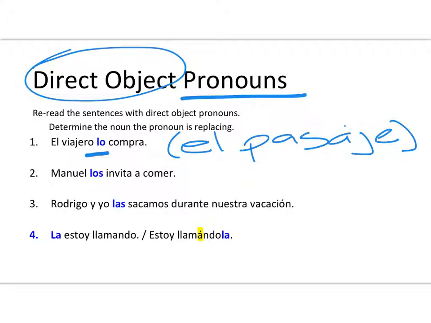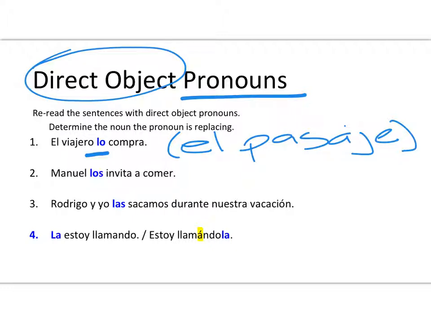Number 1, el pasaje a Peru. And indicate lo, and you can even squeeze it in there, lo. I should have had a section where you rewrote that, or you can just rewrite it, which requires a little more note taking, and you may not have time. Lo compra. Just whatever you do, make sure that you note that lo is referring to el pasaje because it's a direct object.